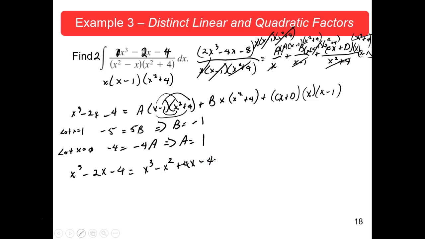Then the b is a negative 1 to begin with, so this is going to be minus, and x times x squared is x cubed, so that's minus x cubed. And then we got plus 4x, but then times the minus 1, b is minus 1, minus 4x, right? Because b is minus 1.